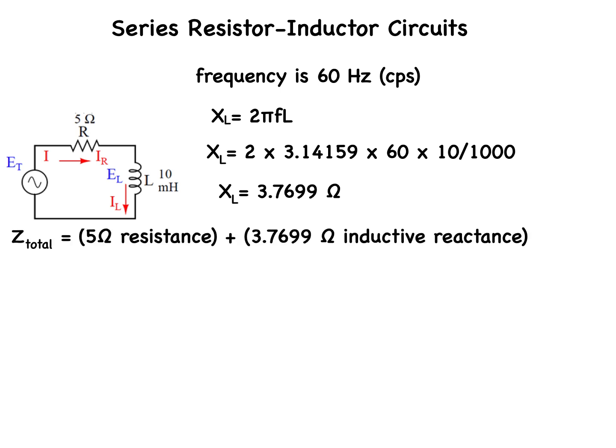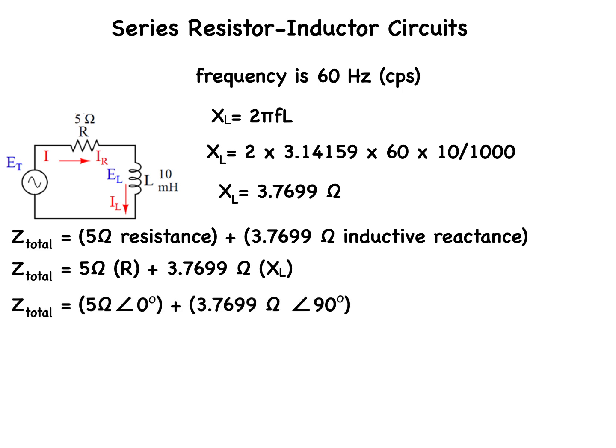So if we want to know what the total impedance is, we have to add the resistance and the inductive reactance together, which are phasors. So we have to use phasor terms, which is 5 ohms at 0 degrees for the resistor and 3.7699 ohms at 90 degrees for the inductor reactance.